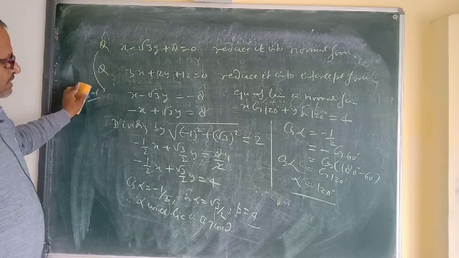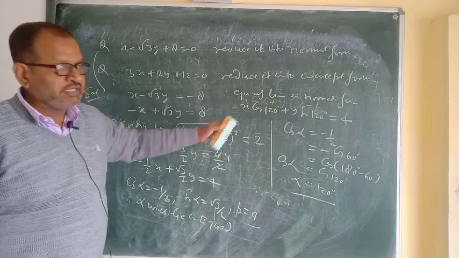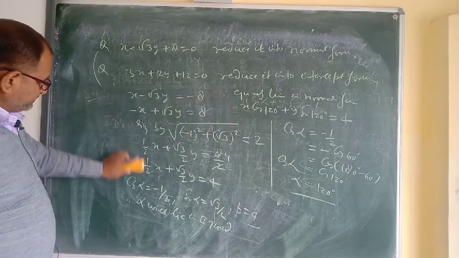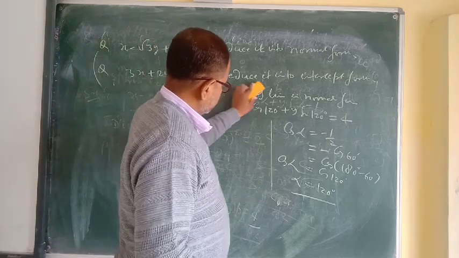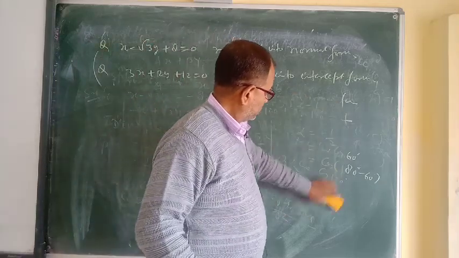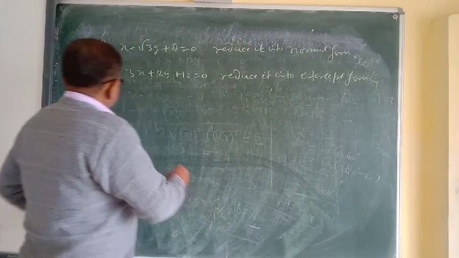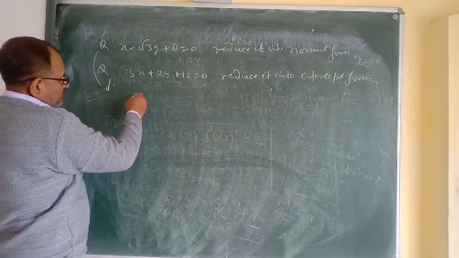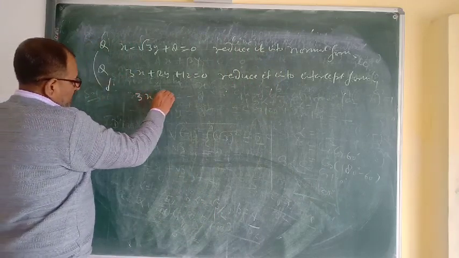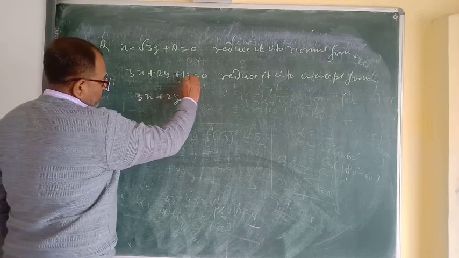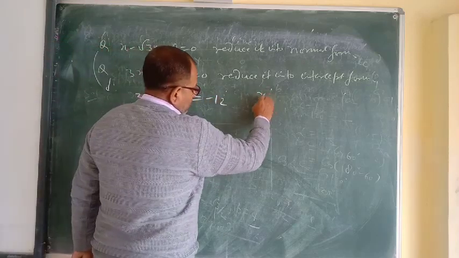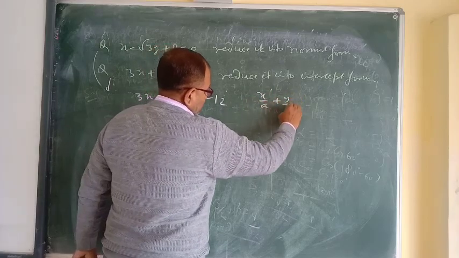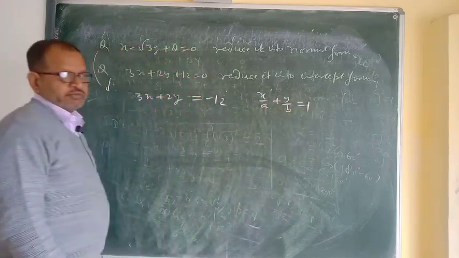See, next one, we have to reduce it into the intercept form. So see next one, intercept form, 3x plus 2y, transpose the 12 to the right side, minus 12. Intercept form is what? x upon a plus y upon b is equal to 1.